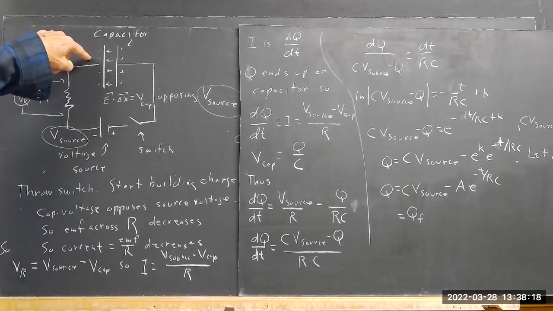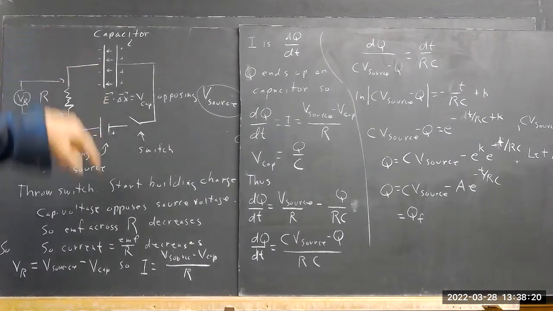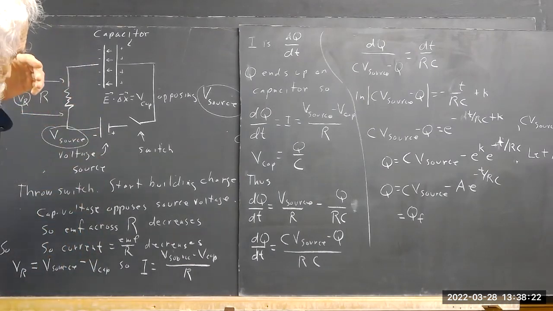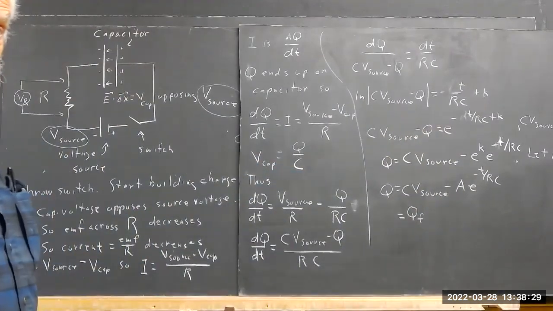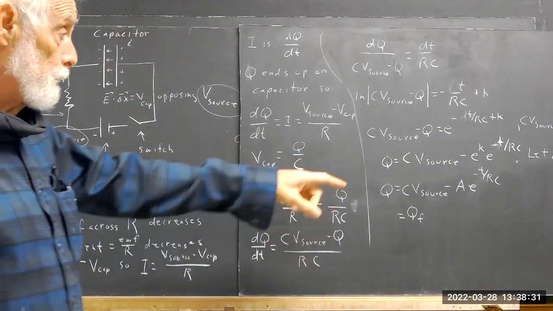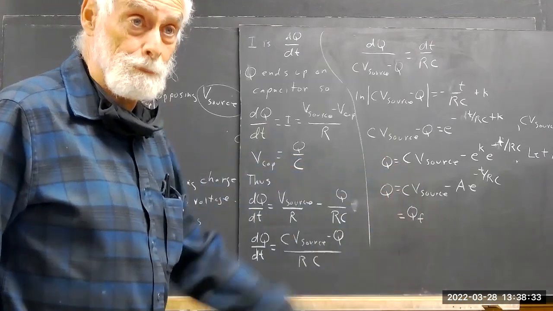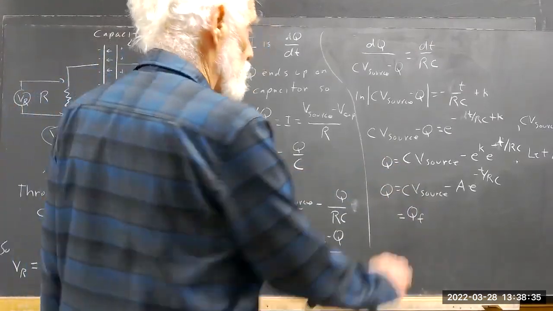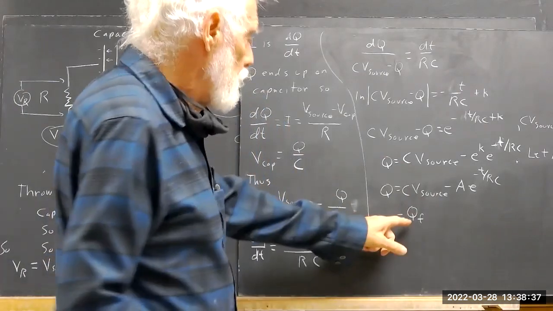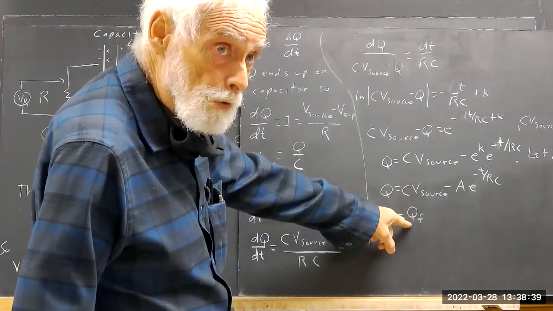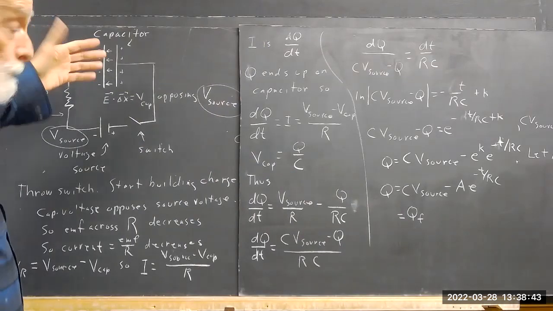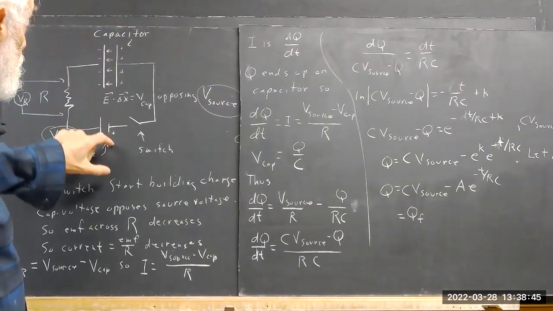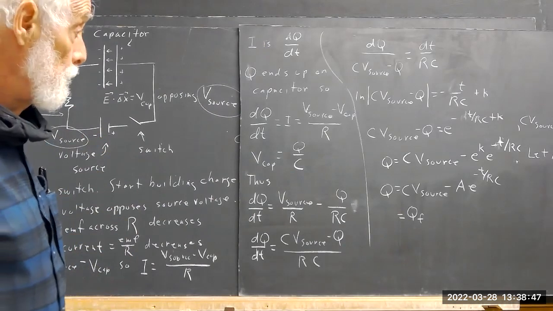So that's going to happen when the charge of the capacitor is C times the voltage of the source, okay? Because charge of the capacitor is capacitance times the voltage. So we're going to call that QF, QF again being the charge when the charging stops.